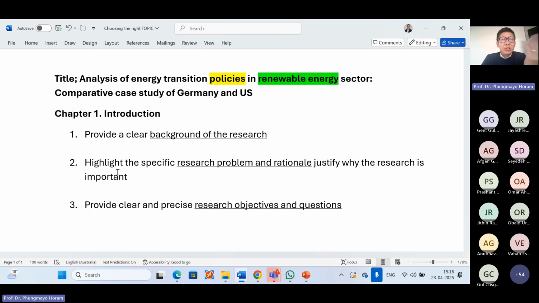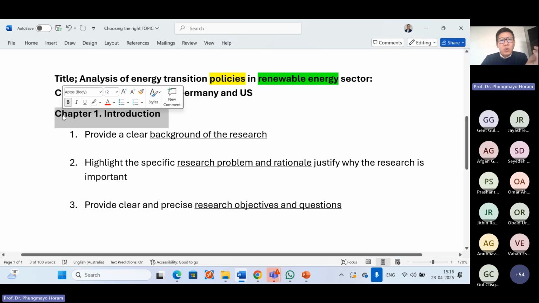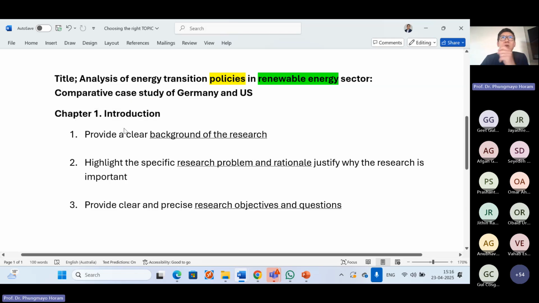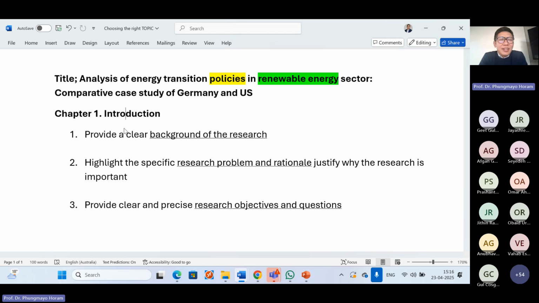This could be your professors, or your peers who are reading your work. So the introduction is about introducing your topic to the audience.